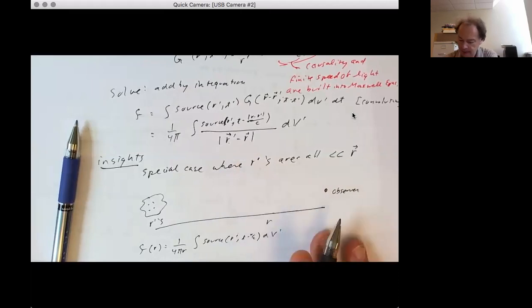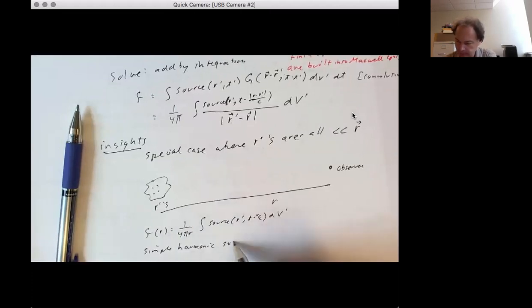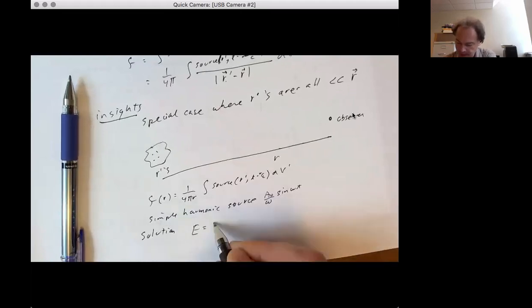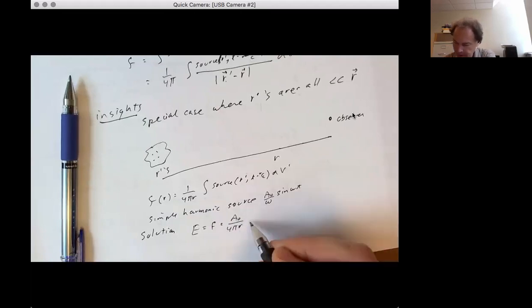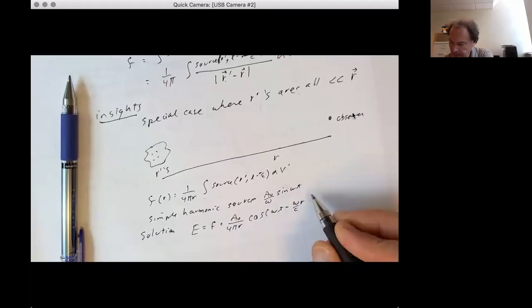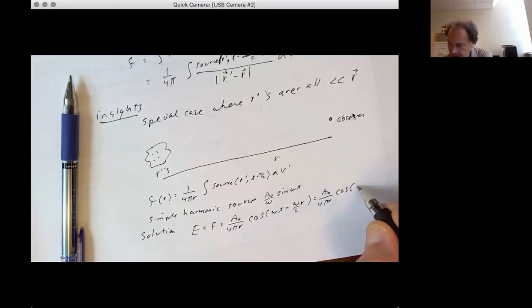And if I take a simple harmonic source, that looks something like a naught over omega sine omega t, and then my solution E is equal to F is equal to a naught over 4 pi r cosine of omega t minus omega over c r, equals a naught over 4 pi r cosine omega t minus kr.